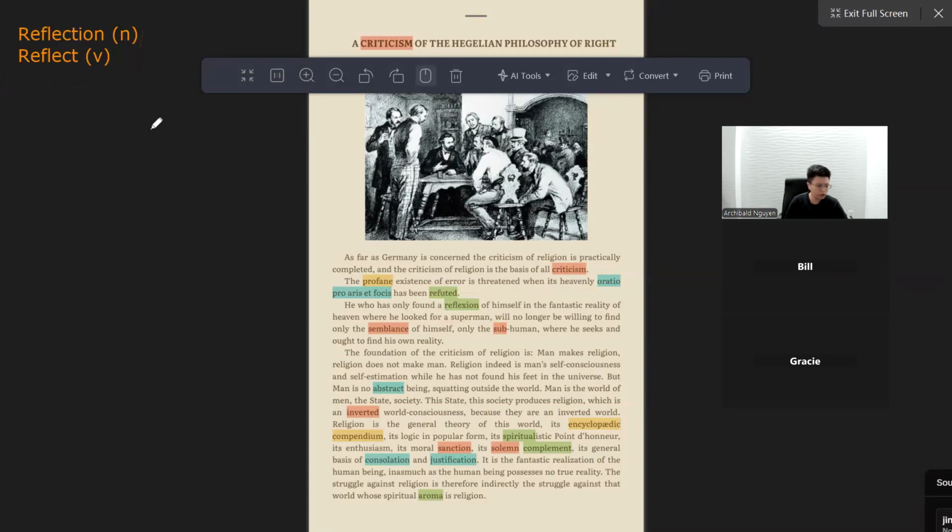As I have told you guys, you need to prepare this kind of words at home before the class. I don't know whether you remember or not. But today, we need to go through these words together. Reflection, reflect. I'm going to be the first one. And here we need to combine these two words with criticism.